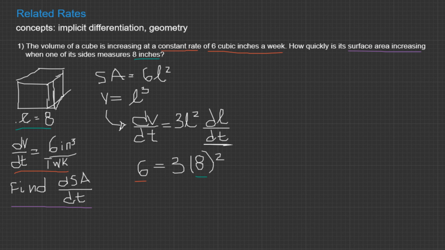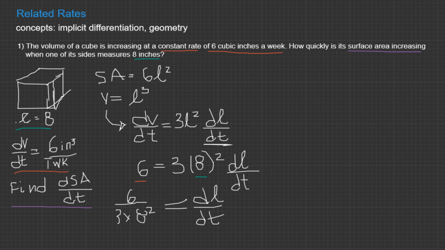And we still have it multiplied by dL/dt. There was no information in the problem about the rate that the length was changing at one time, so we have to leave that. And we can go ahead and solve for dL/dt at this point. And so we're going to have 6 divided by 3 times 8 squared equals dL/dt.